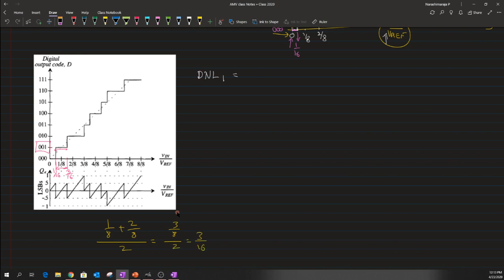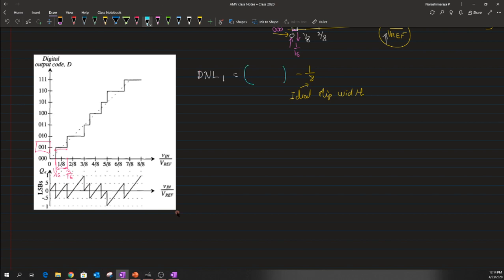Now first I need to evaluate the actual width minus the ideal step width. The ideal step width is always defined by the LSB, and the value of that LSB is 1 by 8. This is always fixed. The only thing we need to evaluate is the step width read from the transfer function.